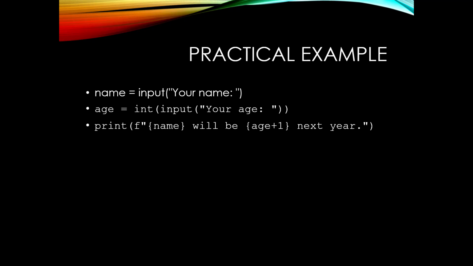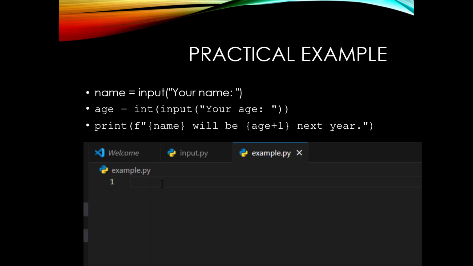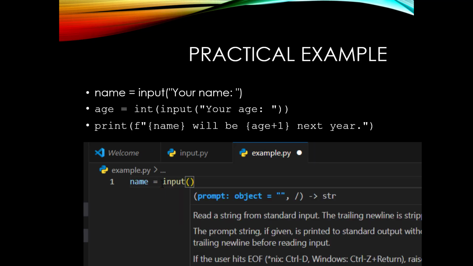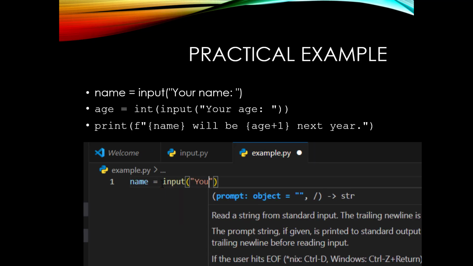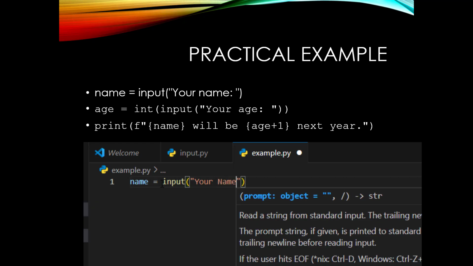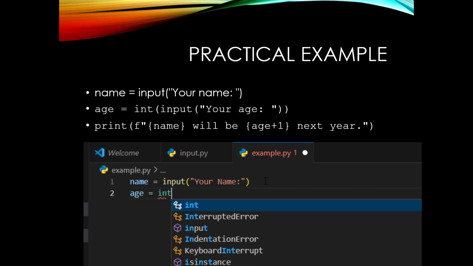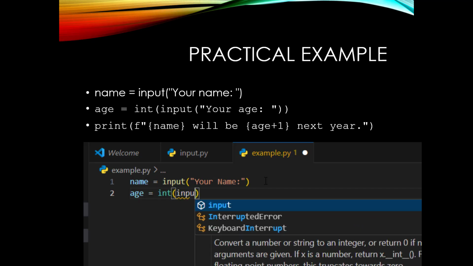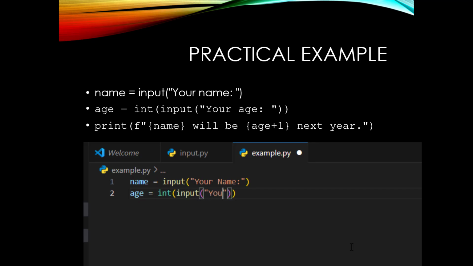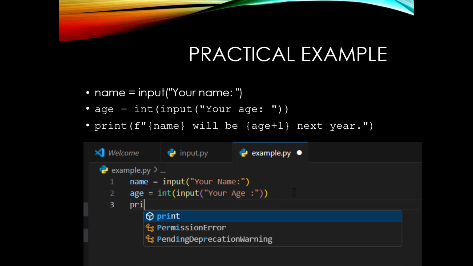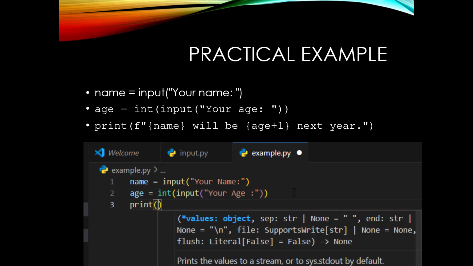Now let's combine everything into a small program. Alright, so let's write here name equals input, your name, age equals int, input, your age. So here we are typecasting. Next, let's print the output.